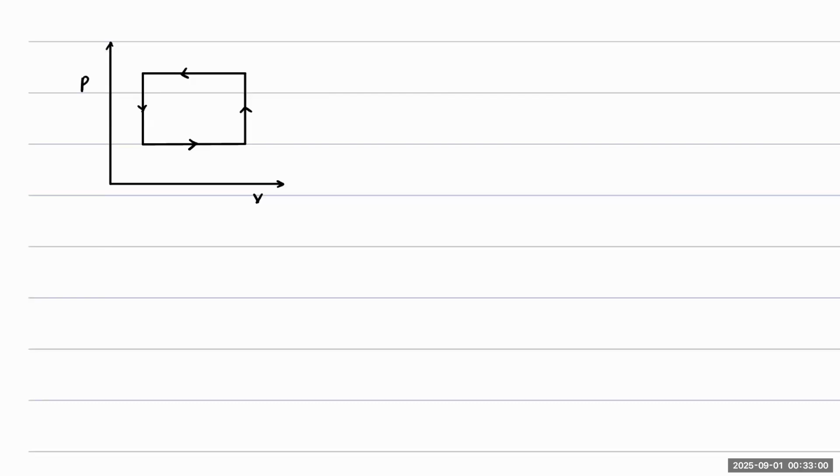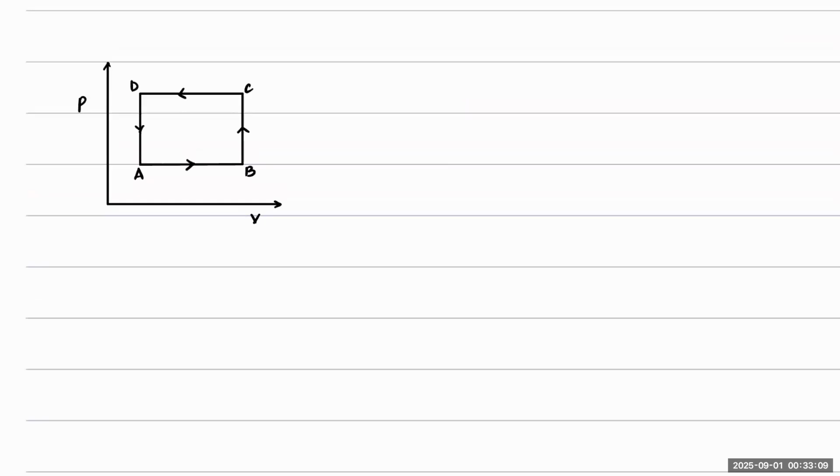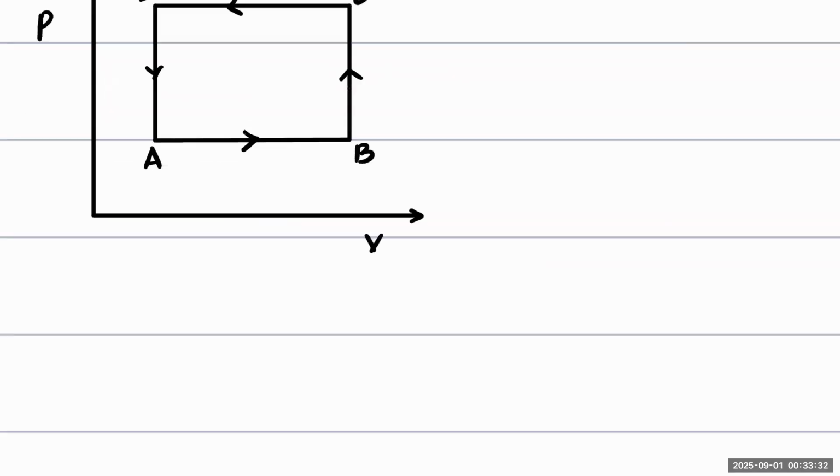Check. For a cyclic process, let's say this has started from a position A, B, C, D. Usually, in a cyclic process, we write this as a cycle A, B, C, D, A. This is what we mean by the cycle being completed. Now, if you go through the processes one by one, you will realize that the first process A to B is isobaric, and that is also an expansion, correct?